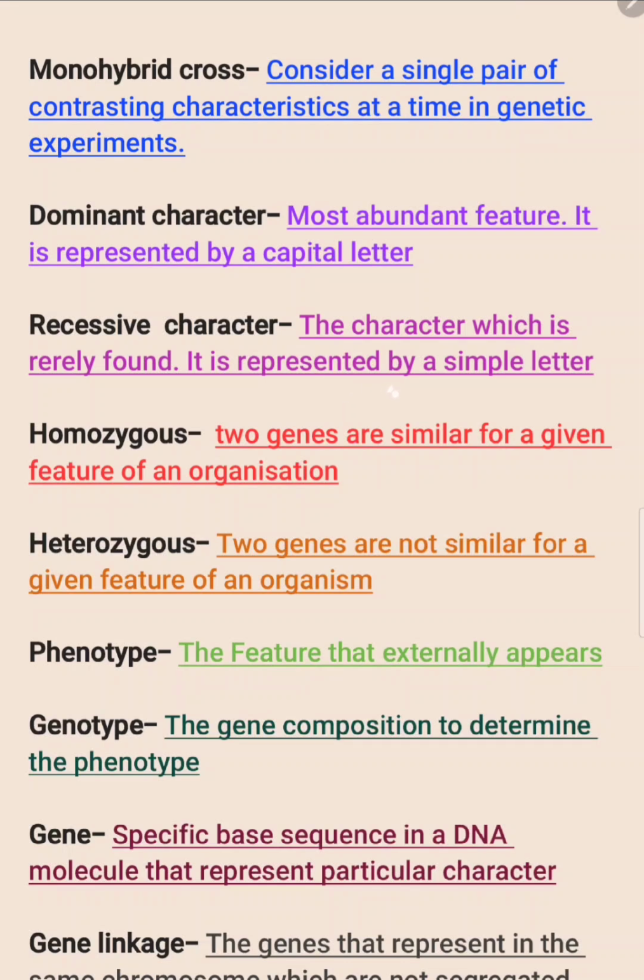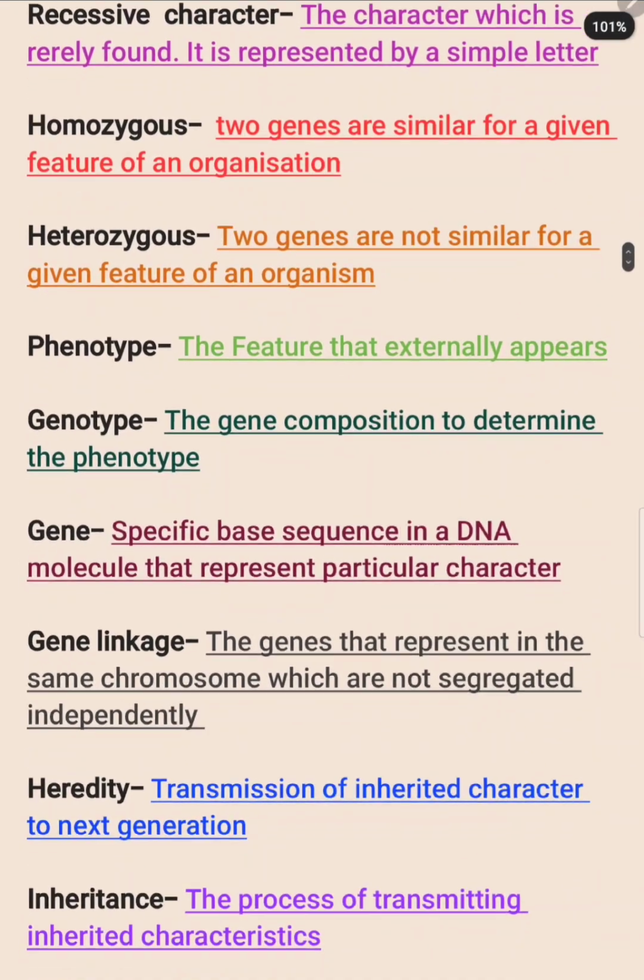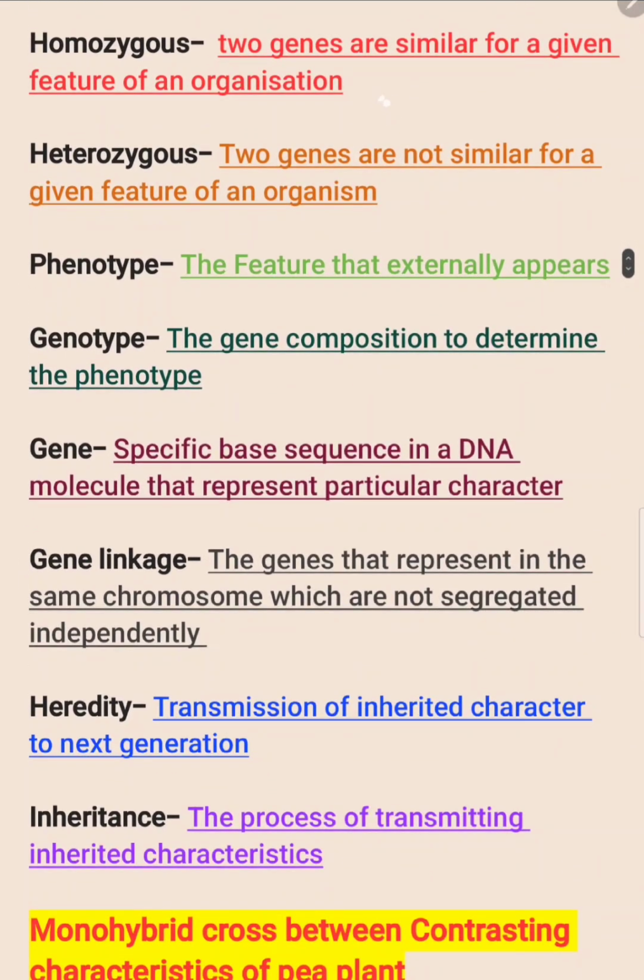It is represented by a simple letter. We have to select the relevant simple letter of the dominant character. If you select capital R for the dominant character, for its recessive character you have to select the simple r.